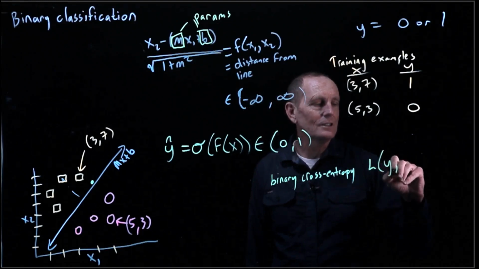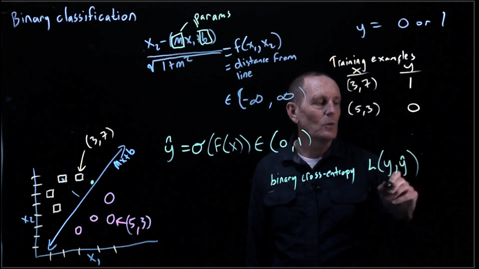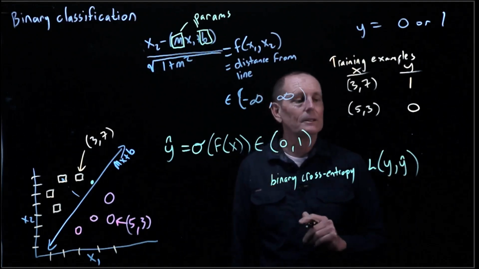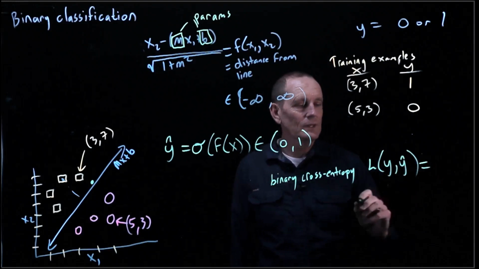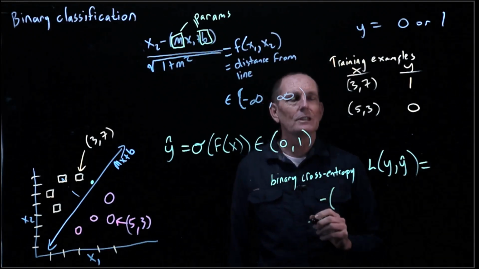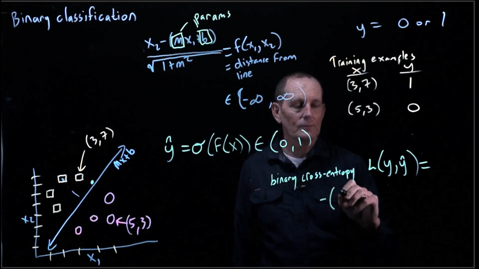Our loss between y and y hat, where again y hat is the sigmoid of f of x, is going to be equal to, well, I'm going to just give it to you and then we'll look and see why it makes sense.